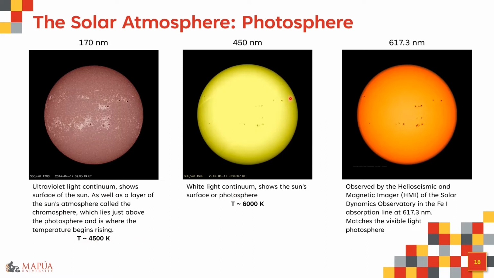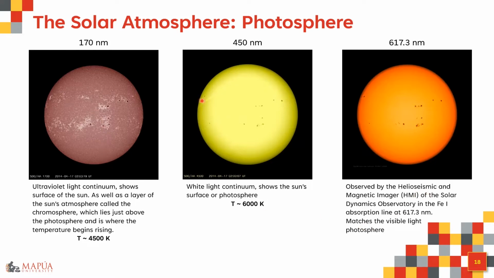This is the white light continuum at 450 nanometers, where the surface of the sun has a temperature of about 6,000 Kelvin. This is near the surface of the sun, and this is a little bit above the surface of the sun.